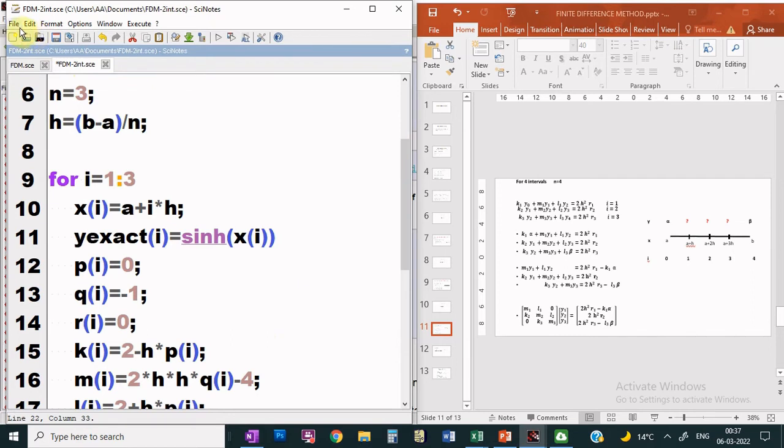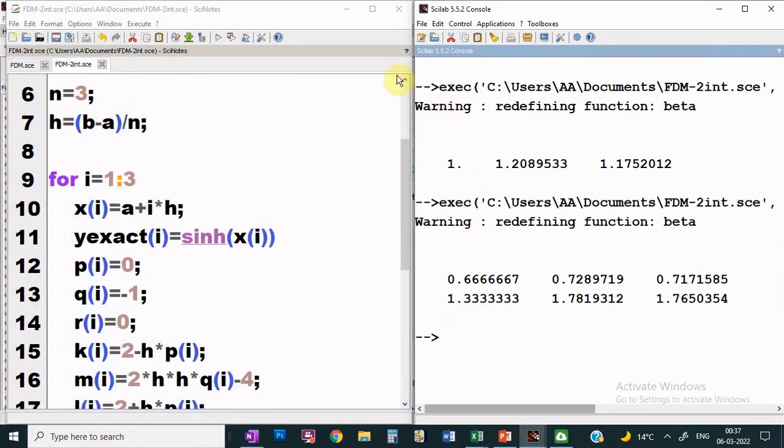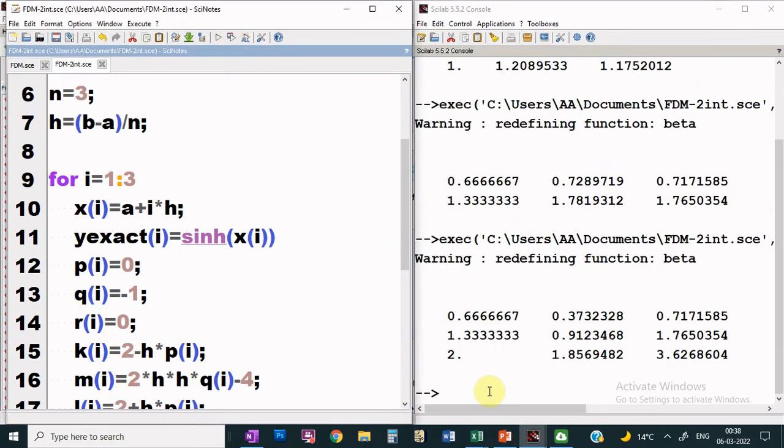Let us save it first and execute it and see what we get. If I execute this program for the 4 intervals case, sorry, over here I have not changed the number of intervals to 4. So make a change over here.